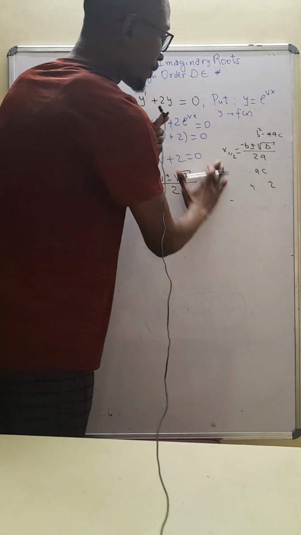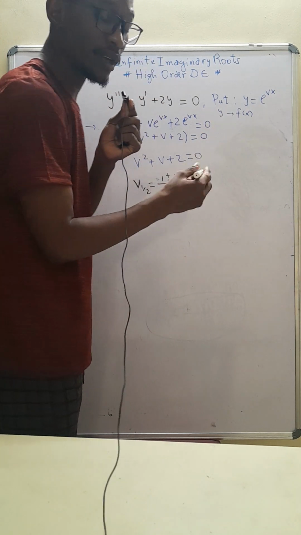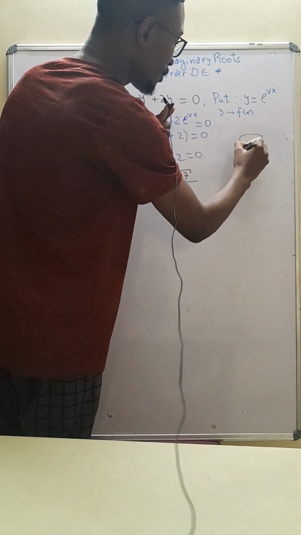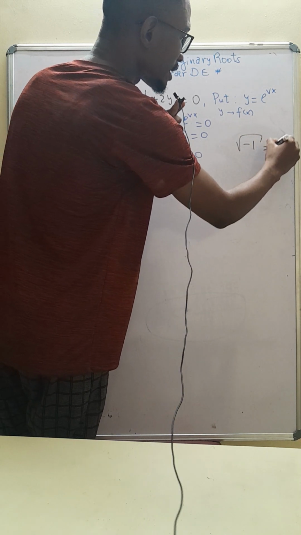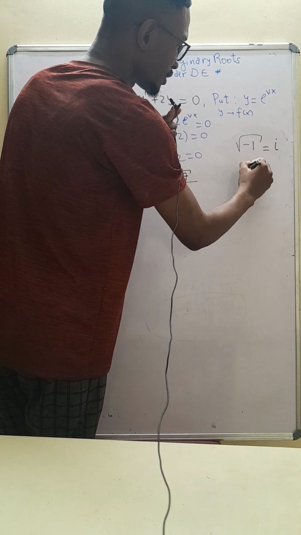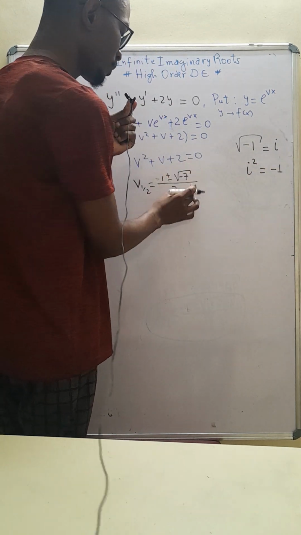Now we will have to add a bit of concept, the concept of imaginary numbers. We know that whenever we have root of minus 1, it is i, because i squared is equal to minus 1. This is what we are going to do here.